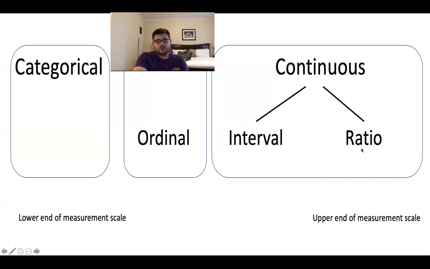With a ratio scale, we're talking about quantities that have a legitimate proportionality to them. People often say what defines a ratio scale is that there's a non-arbitrary true zero point, like having a height of 0, a weight of 0, or a reaction time of 0.